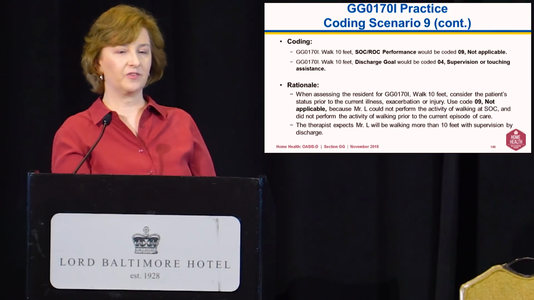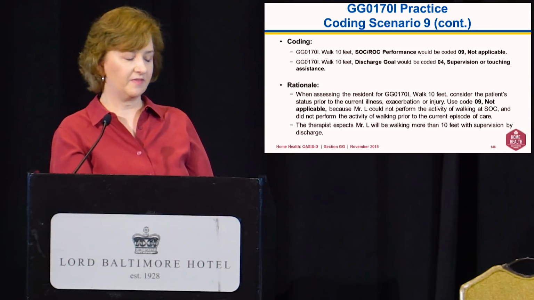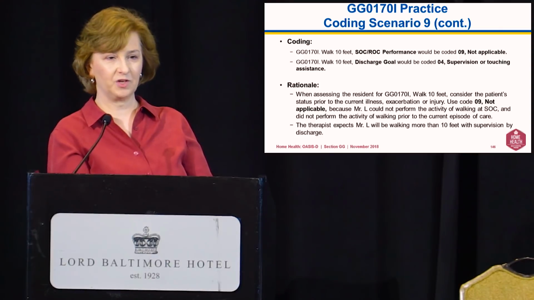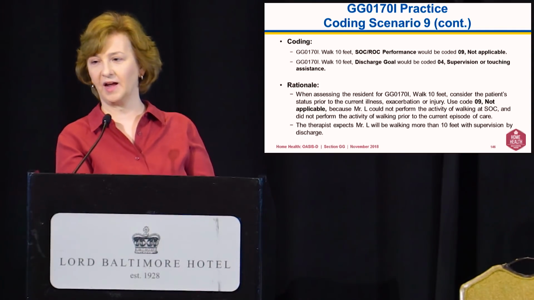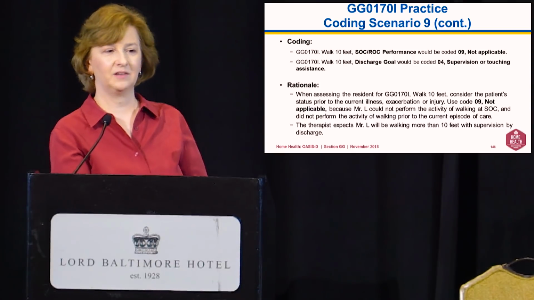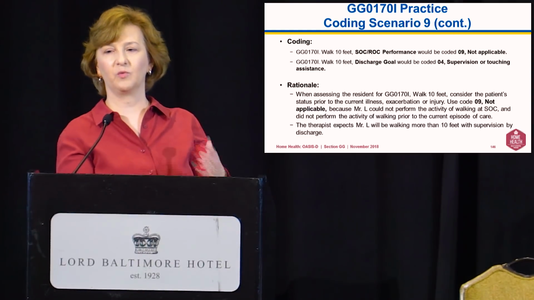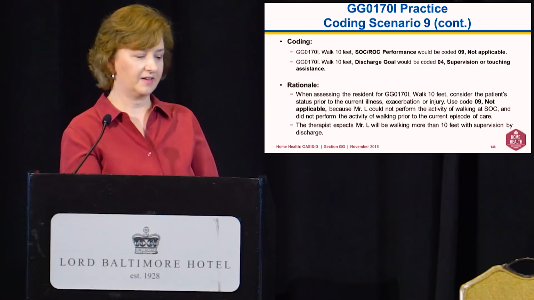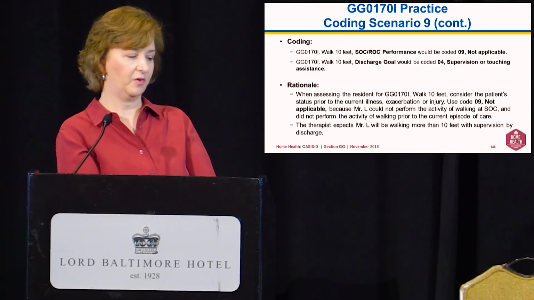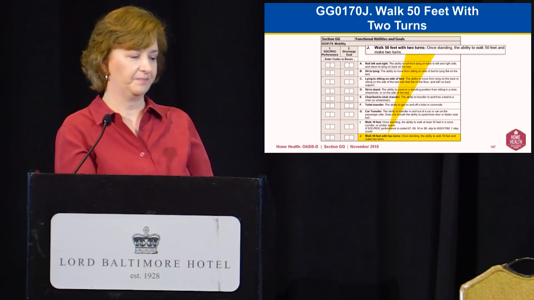And the rationale: in this case, the gentleman was not walking prior to the current illness, exacerbation, or injury, and so that's why it's an 09, not an 88. Again, the 88, activity not attempted due to a medical condition or safety concern, would be a new onset, and 09 refers to an illness or condition that has been ongoing.